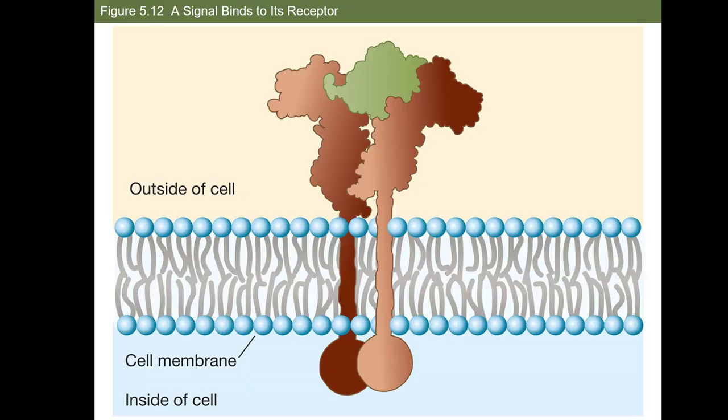So outside of the cell, you can see how it fits its three-dimensional shape, and then the proteins go through the membrane and affect the inner side of the cell.